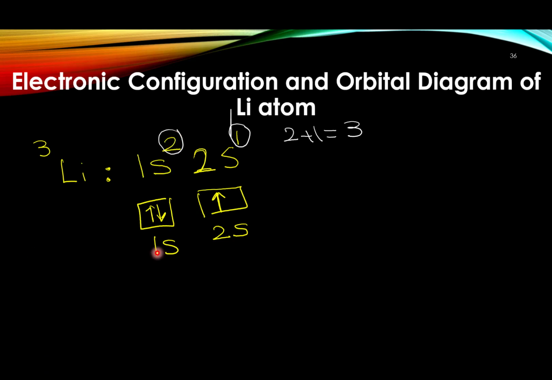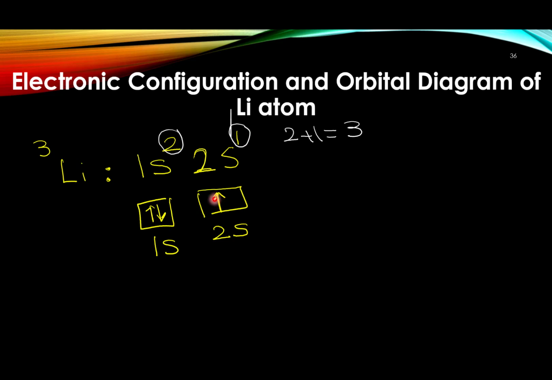1s2, that's 1s, you have 2 electrons. Now for 2s1, 2 means we are in energy level 2. We start with the s orbital because it is a lower subshell. And how many more electrons do we need? 1 more, because we have to have a total of 3 electrons. How many electrons are there in 2s1 for lithium?